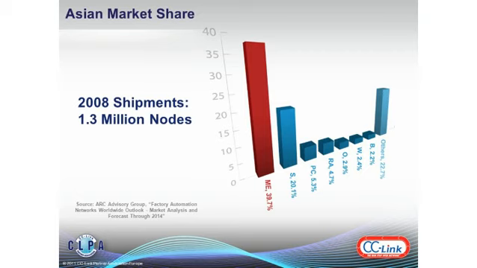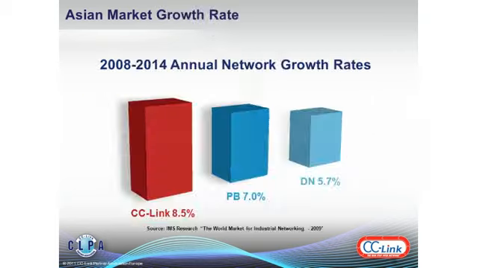Certainly it shows a very strong leadership position from this graph. If we turn to another report from the European market research company IMS, this also shows that for the next few years, CC-Link is expected to enjoy a higher growth rate than many of its competitors. So again, not only has it established a leadership position, but it's set to maintain that position as we go forward.